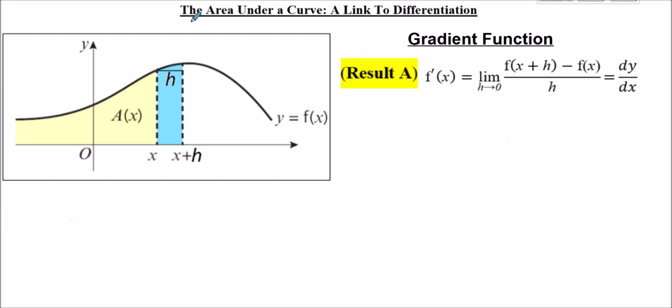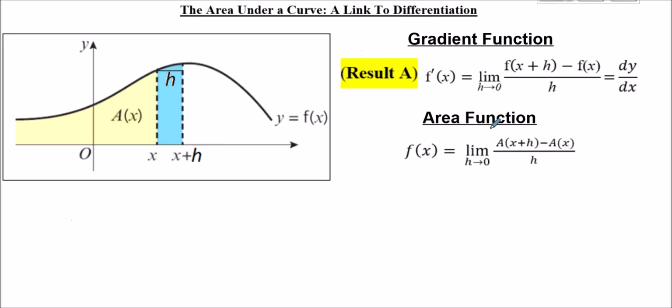So let's compare this to our area function here. If we compare this here to this limit here, it's exactly the same idea. x plus h in brackets, x in brackets, h on the bottom, it's exactly the same. The only difference is that for this limit on the top, we were talking about f of x, which is y.